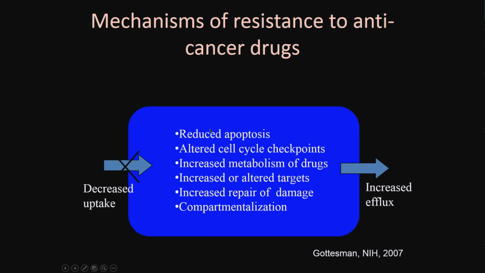All these are reasons why anti-cancer drugs become of no therapeutic value, and PGB plays a very important role, especially in keeping the concentration of the drug at a very low value inside the cells, and hence the drug action becomes very minimal.